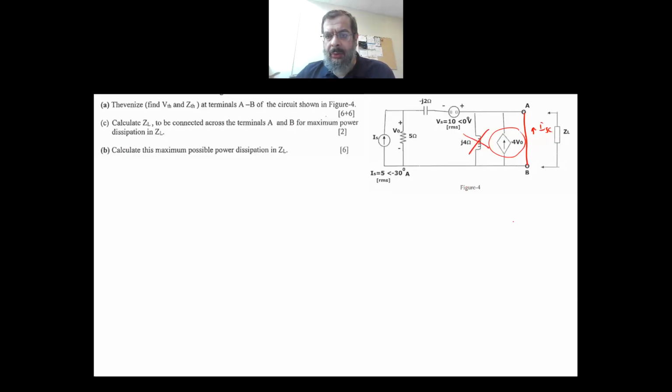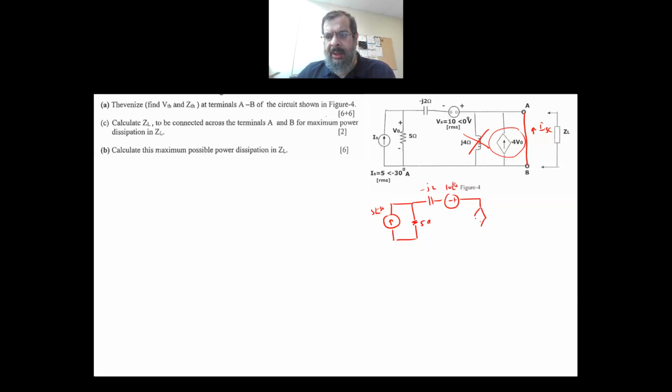Okay, so basically now my circuit would be, again, I will keep this: 5 angle of minus 30, this is 5 ohm, minus J2, plus minus 10 angle of 0.